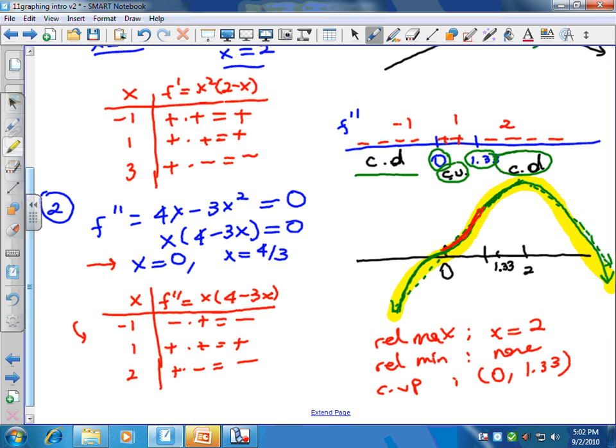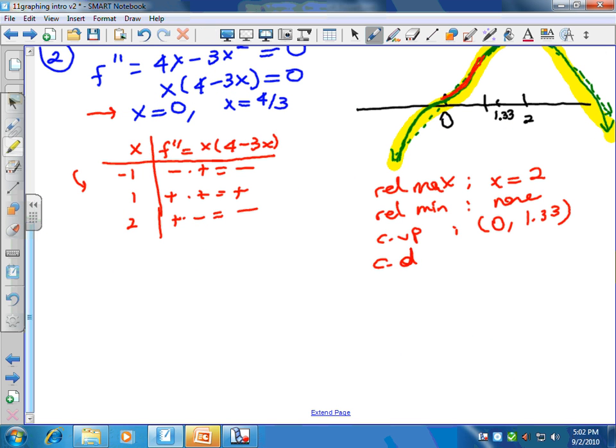And concave down everywhere else, namely from negative infinity to 0, and from 1.33 to infinity.